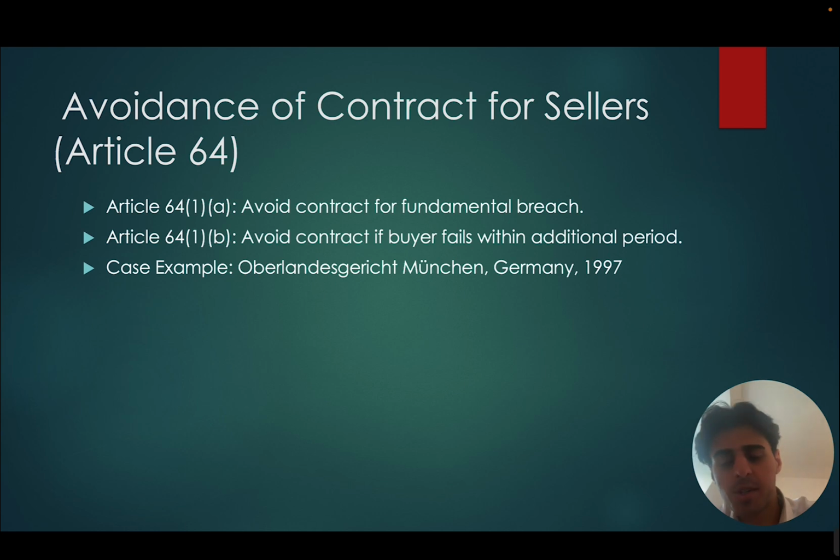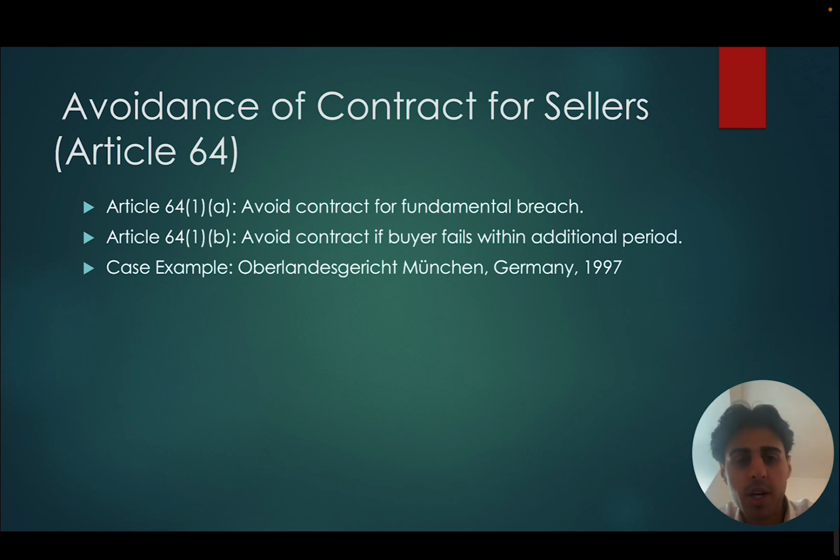So Article 64 is based on the avoidance of the contract for sellers, as mentioned previously. Article 64 allows sellers to declare the contract avoided if the buyer's failure to perform constitutes a fundamental breach.